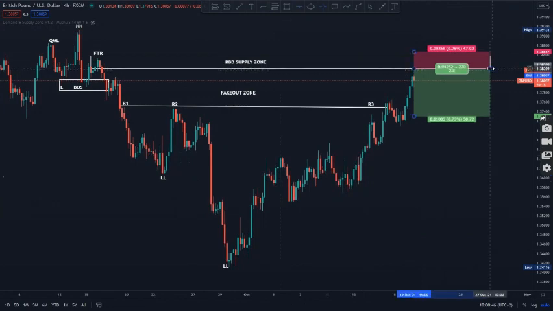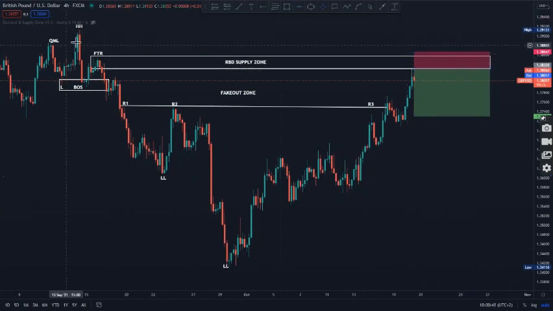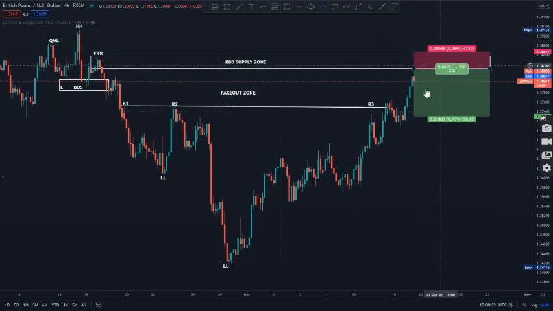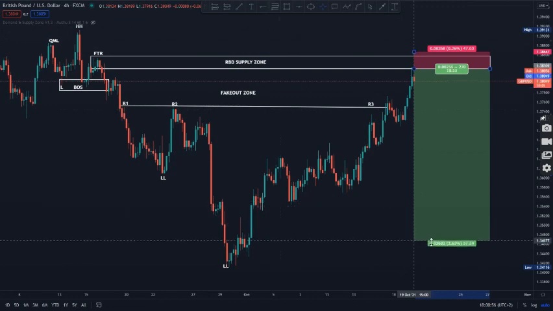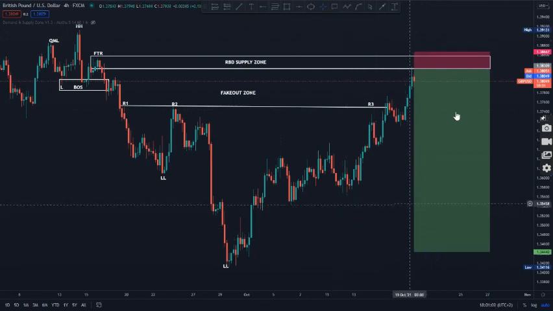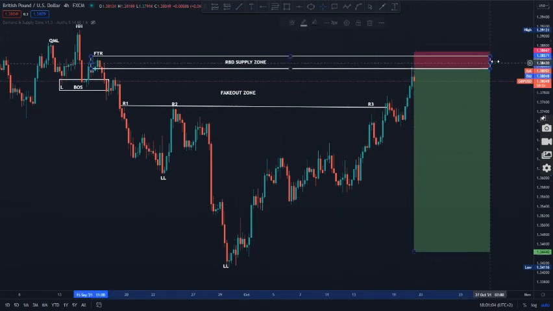If this one doesn't hold, of course I'll go to my lower time frame and probably look for another supply zone at this level. But after seeing this rejection there, I was like, okay, probably that can work. Therefore I took the trade. In a minute I'll show you the proof of me taking the trade, and then we'll see what happens.